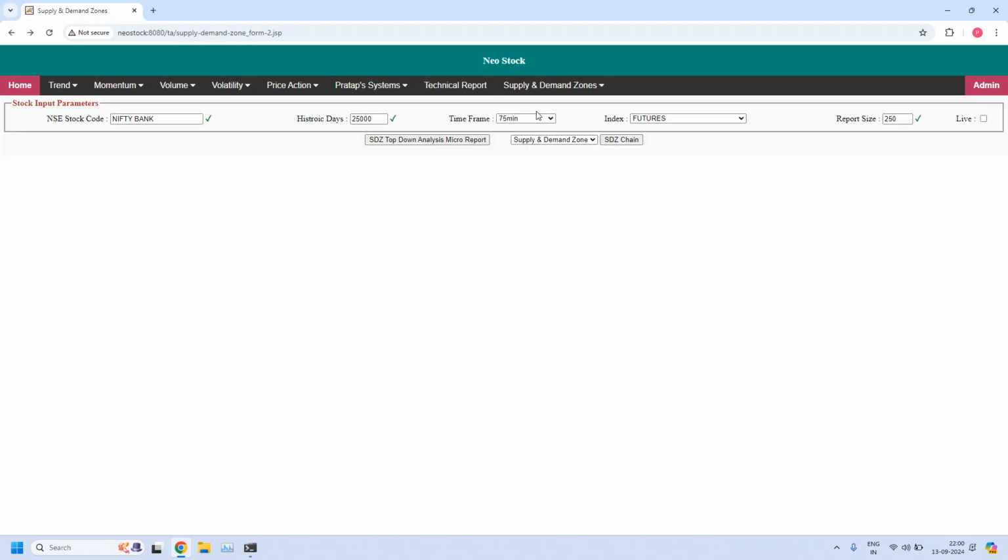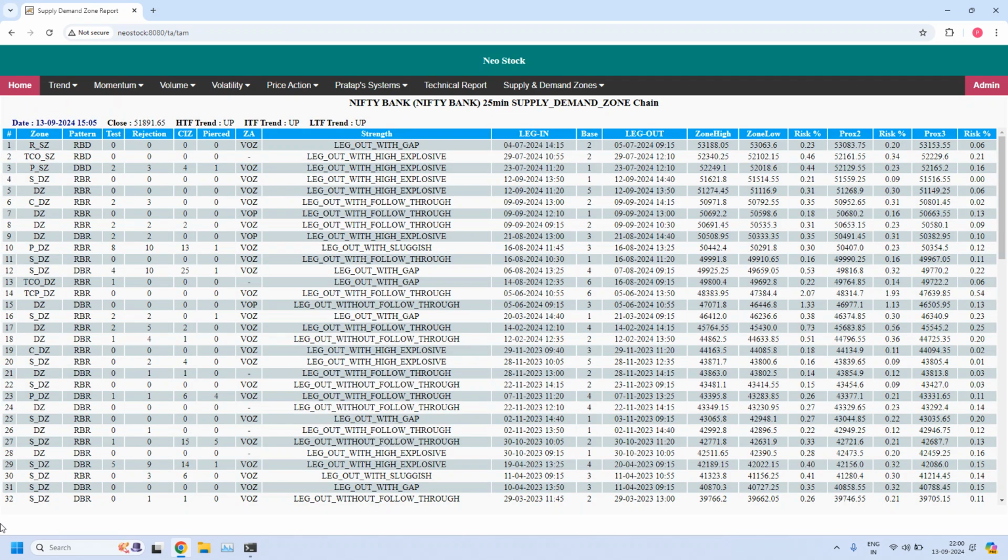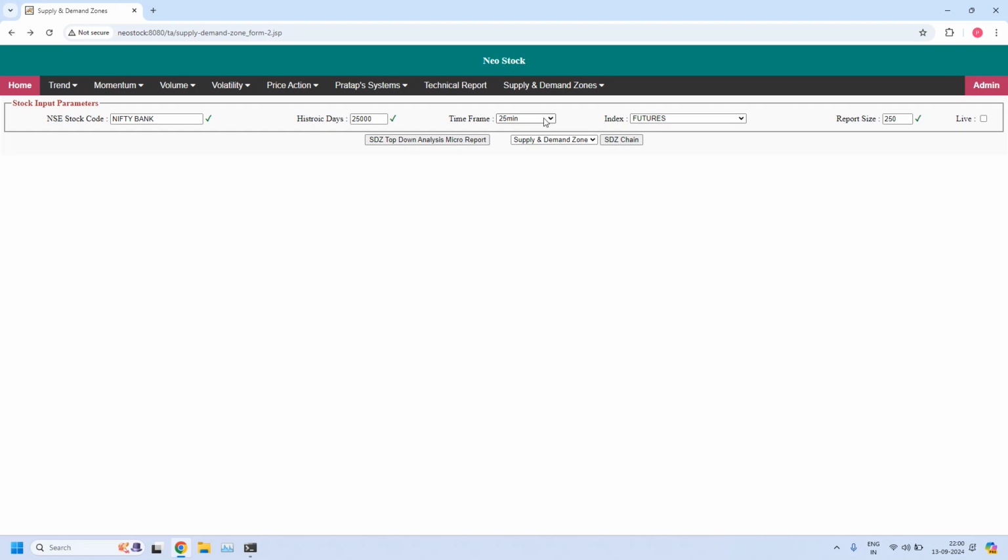Next time frame is 25 minutes, generating the 25 minutes supply demand zone chain for Bank Nifty. Next time frame is 15 minutes. I am generating the 15 minutes supply demand zone chain for Bank Nifty.